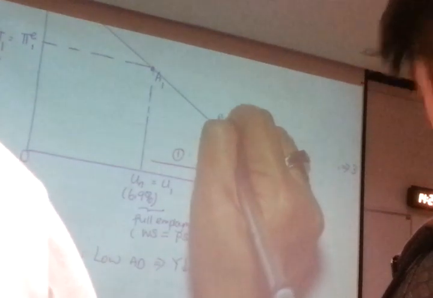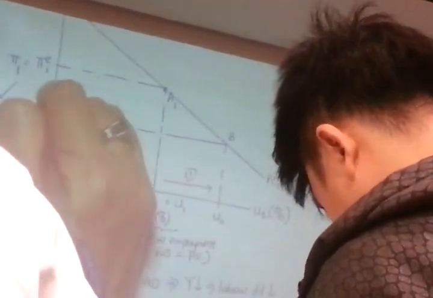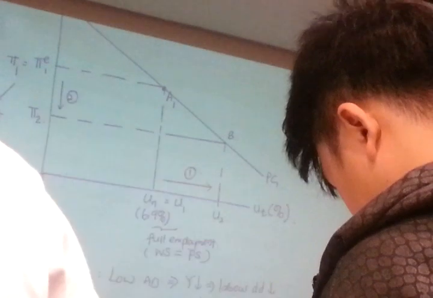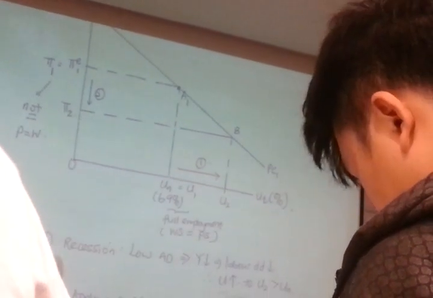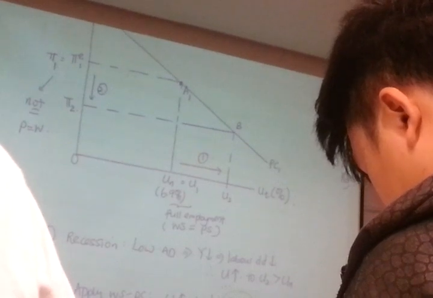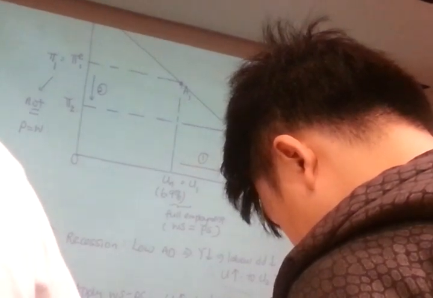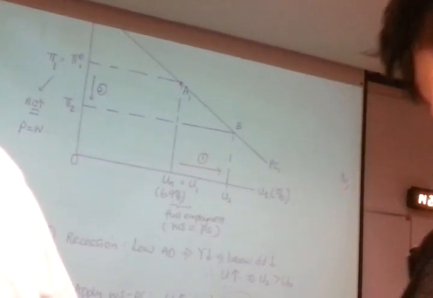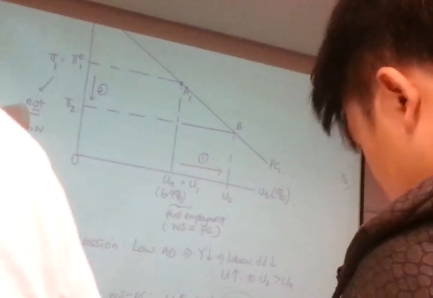Mark out your point B, which will reflect your pi 2. So firms start to slow down the increase in prices. Wages go down. Okay, then step 3.